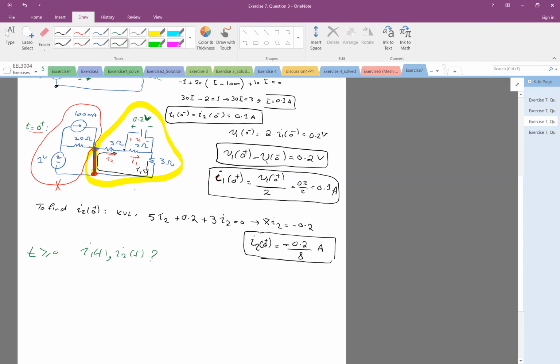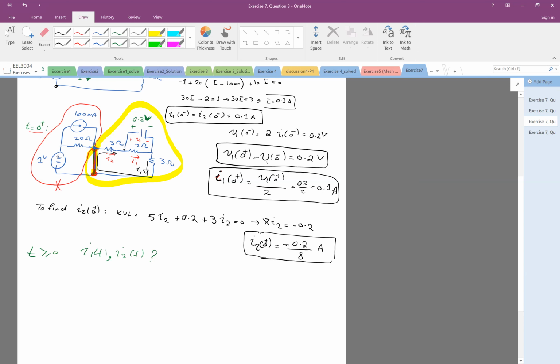As we look at the circuit in the yellow box, this is a natural response. It's an RC circuit, first of all, and we are looking for a natural response because there's no other source.